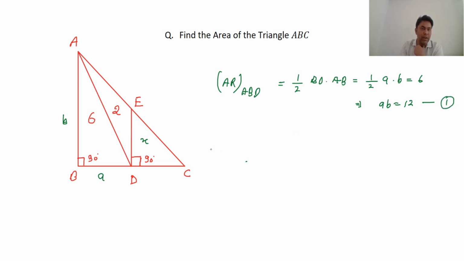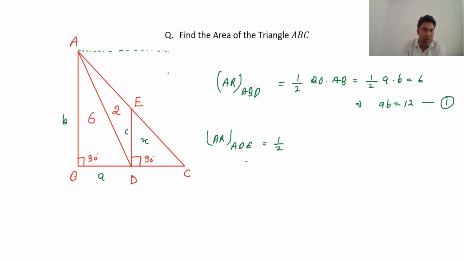Similarly, the area of triangle ADE will be equal to 1 by 2 times base. We will call this side DE the base, and let's assume the side length DE is nothing but C. Now we have to find the height of triangle ADE. In order to find it, we will first draw a straight line parallel to side BC like this.